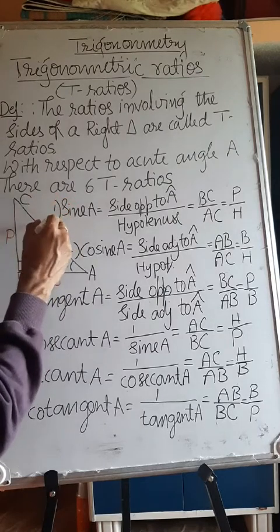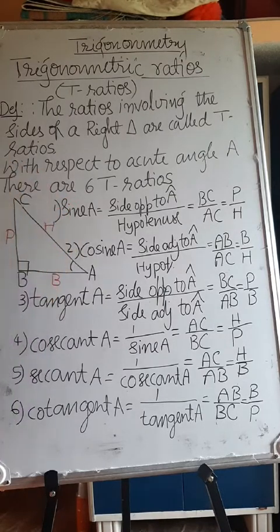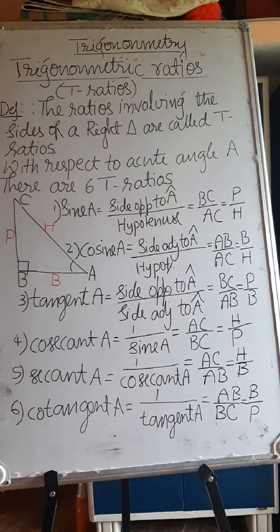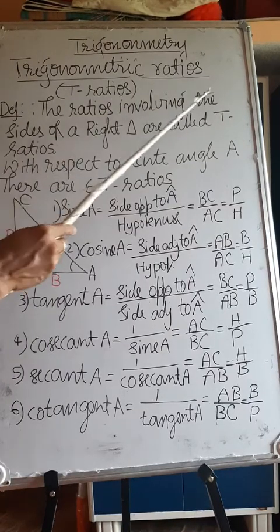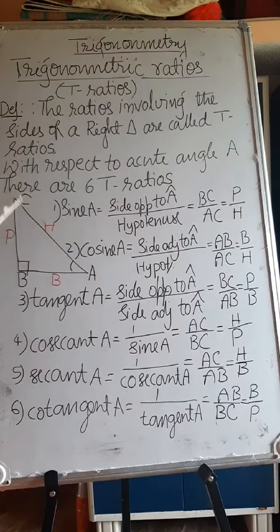Understood? That is very important. The ratios are related to perpendicular, base as well as hypotenuse. These are the sides of a right triangle.